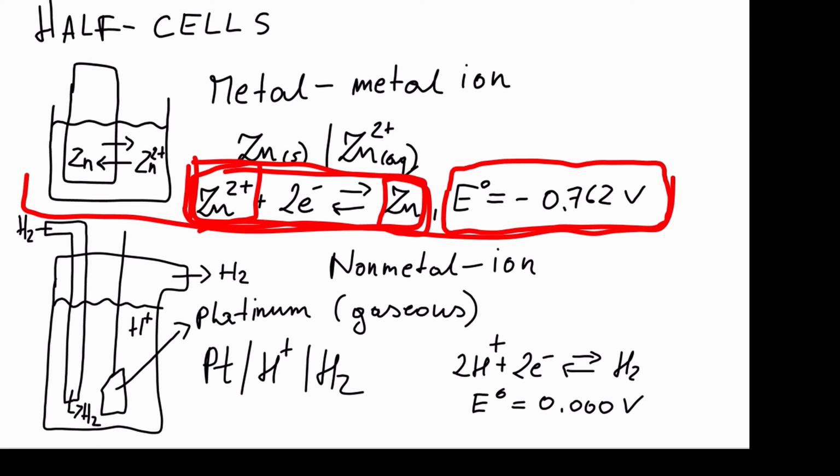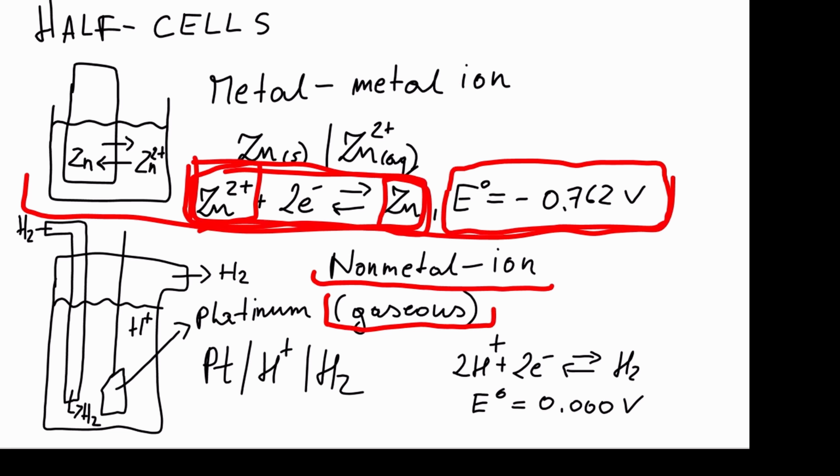Below you have another type of half cell. This cell is called the gaseous or just non-metal ion half cell. Non-metal ion half cell means that the half cell reaction proceeds between a non-metal and its ion form.